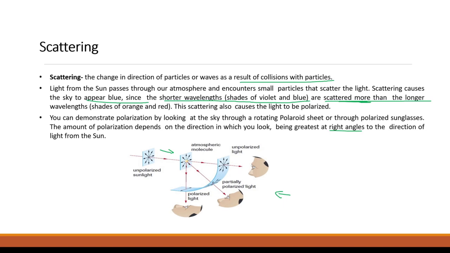Then we have partially polarized light when we're at a slight angle from the direction of the sunlight. And when we're at a right angle here, we get polarized light. At right angles, it's the greatest amount of polarization.